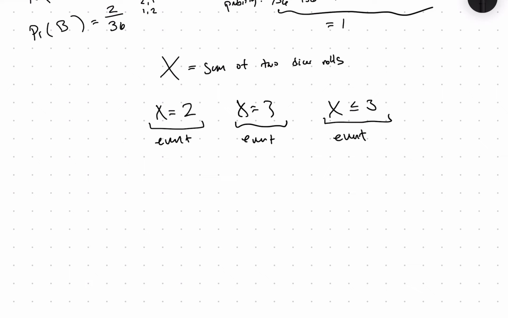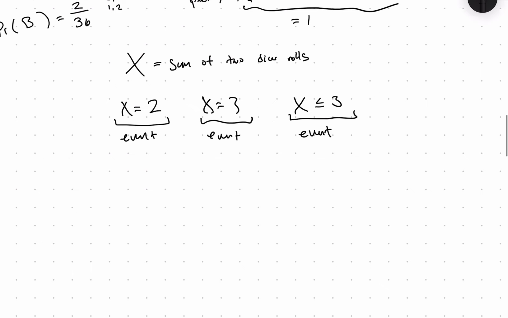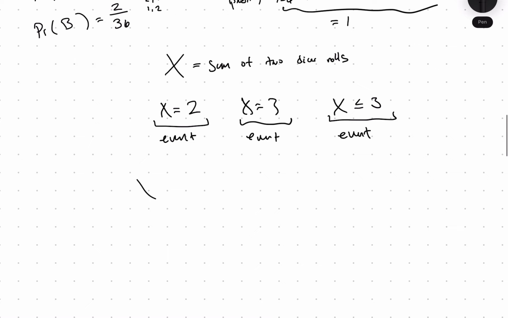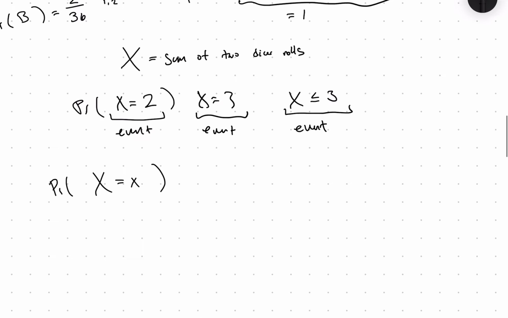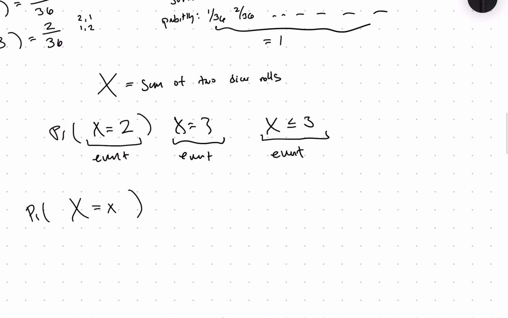But now let's step it up another level, and say, what if X is equal to a variable? We can put the probability around this and know that this is the probability of an event. So what is the probability of X when you set it to a variable? Well, it looks kind of complicated and kind of weird, but just think of a regular function. That's kind of how I think about it.